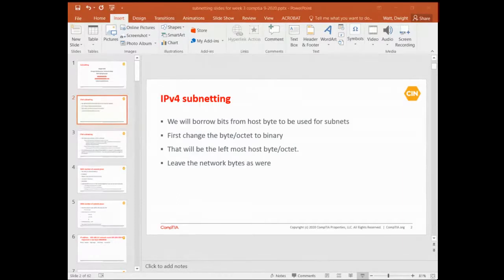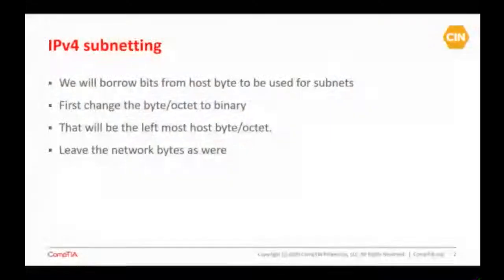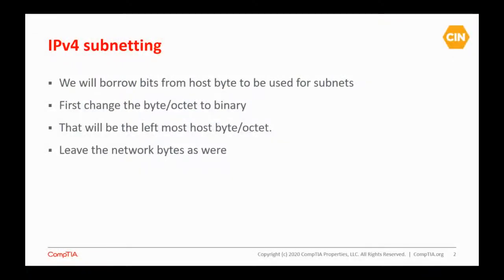So let me stop the share and try the share again. And it looks like it gives me another screen on it. So show taskbar again, try it again. It's better. It looks right now.